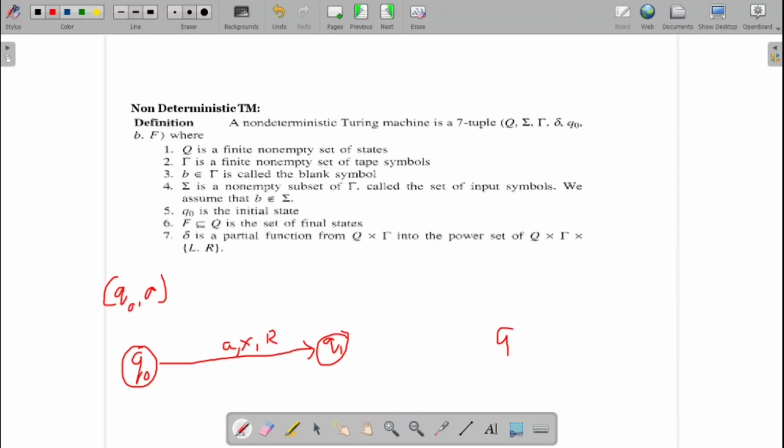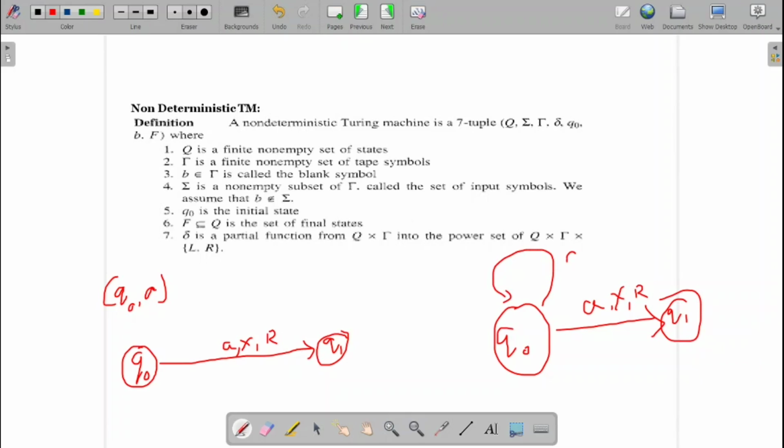If we go for the non-deterministic one, how will it be? Q naught on A, X and the right, I will go to Q1, and I can have more than one transition. A I will replace with Y and the left movement. So if we go for writing the movement over here, how will it be?